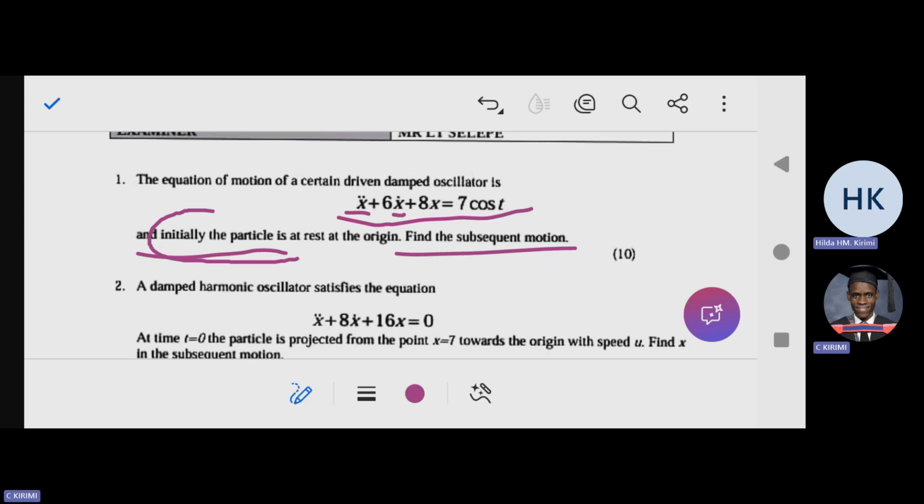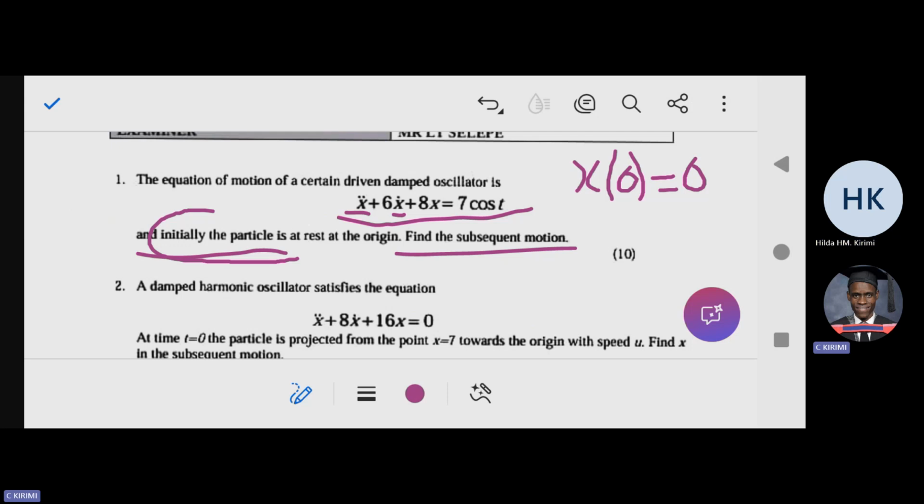The displacement is 0, isn't it? x is equal to 0. That's why they said x is equal to 0. It's at origin, so x naught is equal to 0. At time naught, it's at 0.